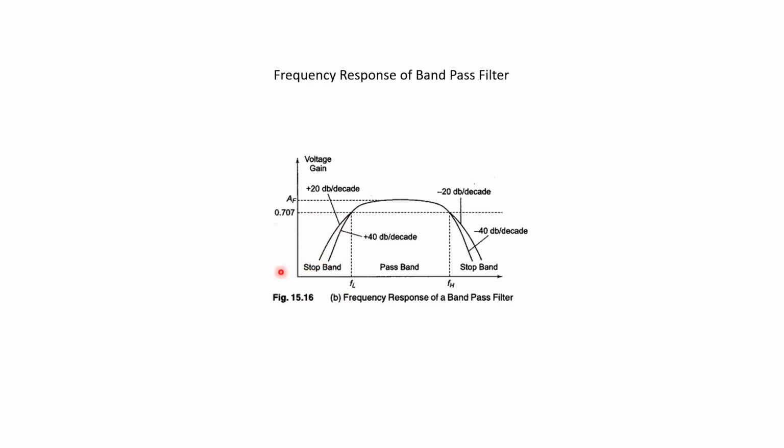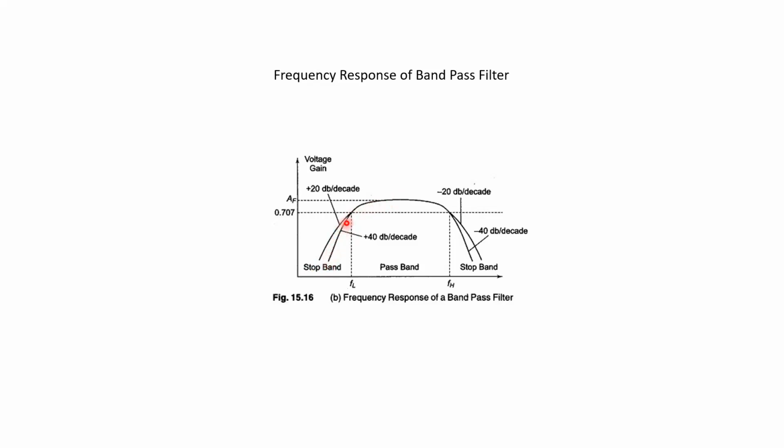So whenever we have a very small frequency, the gain will be very small, and when we increase the frequency further, as soon as it approaches its central frequency, the gain offered by the filter will also increase.